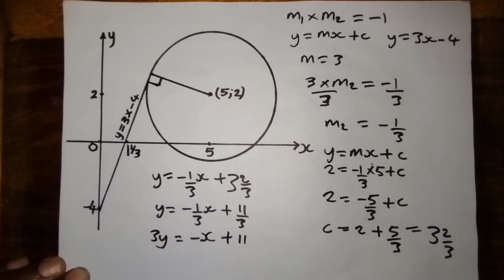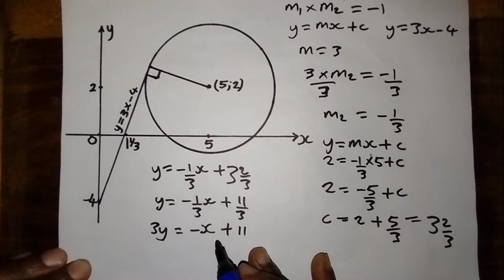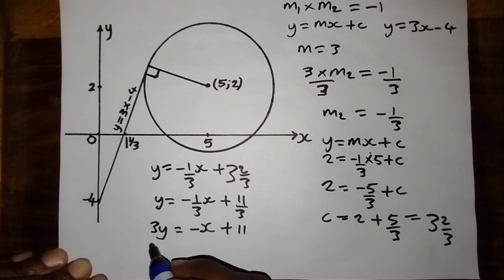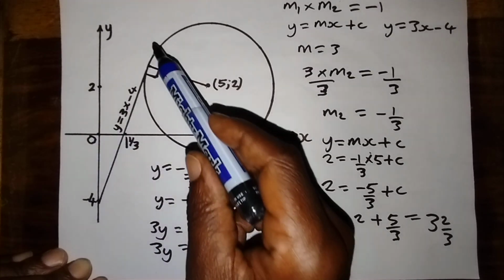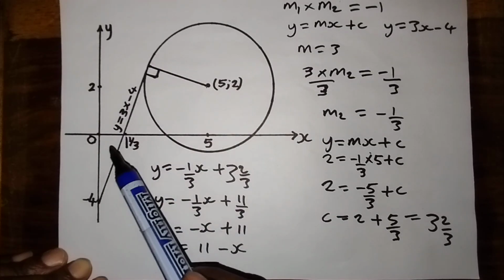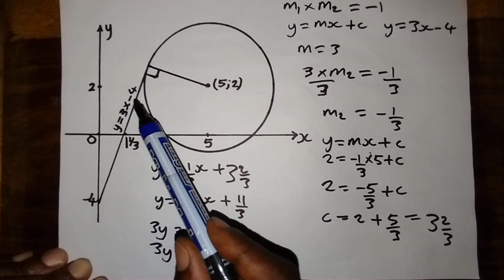I can write it as 3y equals 11 minus x. So this is the equation of the radius, which is perpendicular to the tangent, whose equation is y equals 3x minus 4.